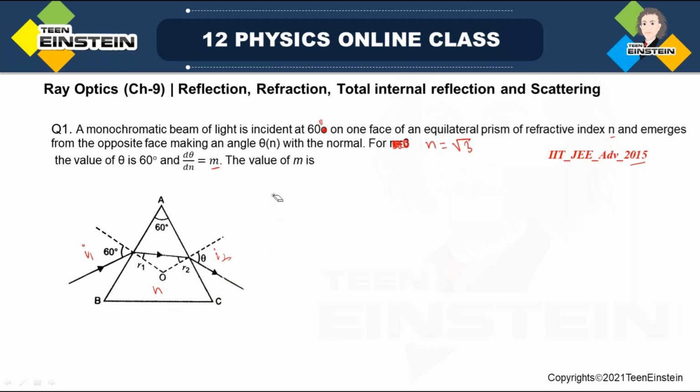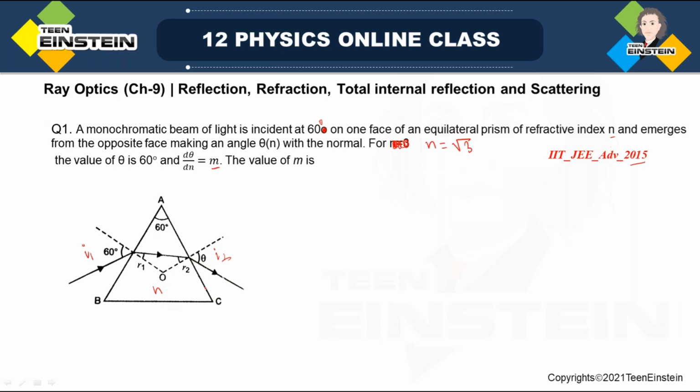So a ray which is refracted through this face AB is passing through the prism and emerging from the other surface AC, making an angle theta n with respect to the normal drawn to this AC surface.